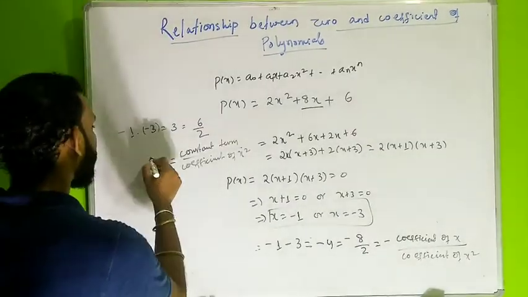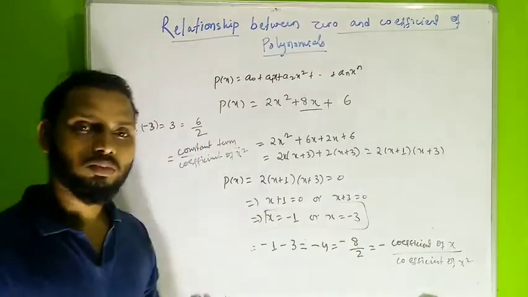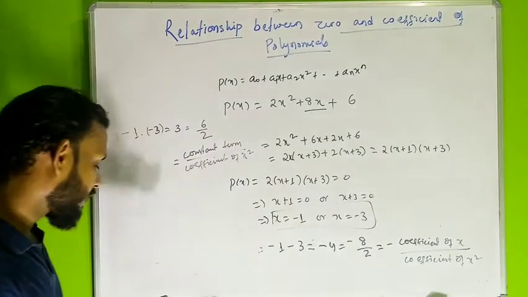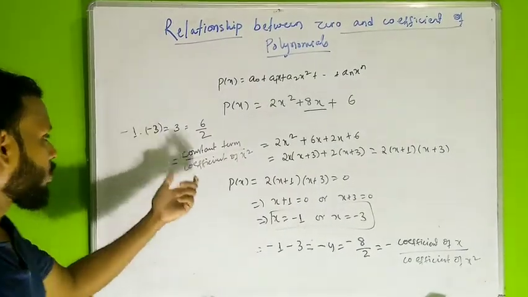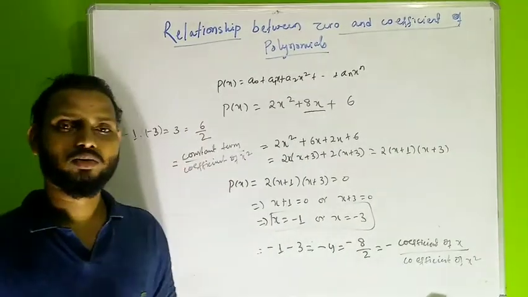So here you get two things: the sum of the two zeros is equal to minus coefficient of x by coefficient of x square, and the product of these two zeros is equal to the constant term divided by the coefficient of x square.